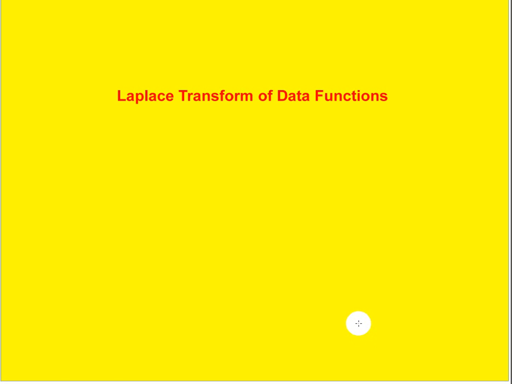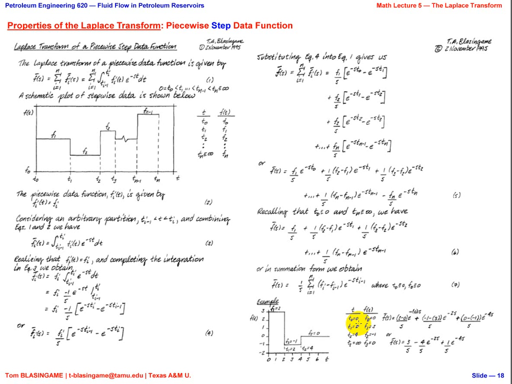So the next part is, if you get a set of data of time and any kind of response that you're having, let's assume that this f(t) is pressure, p(t), you have a set of time data and a set of pressure data, right? And for some reason you need to take the Laplace transform of this set of data.